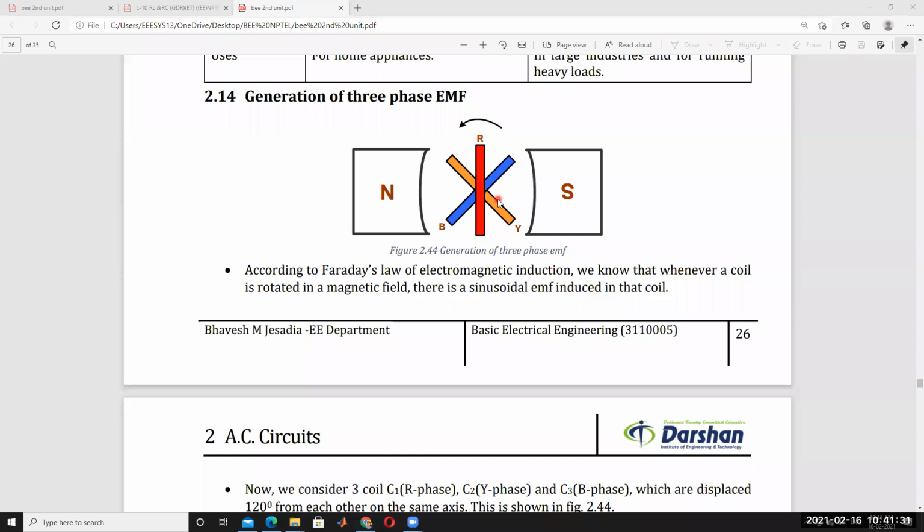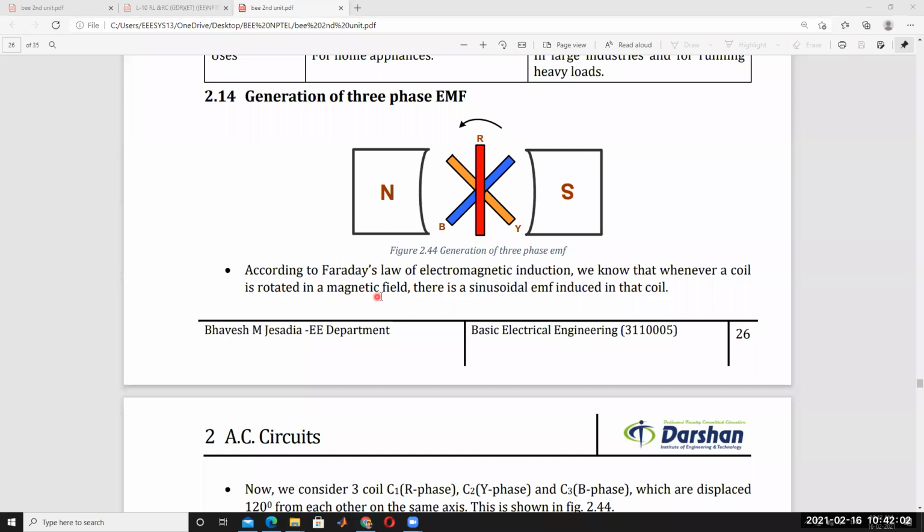The angle between R and Y is 120 degrees, similarly Y and B is 120 degrees, and R and B is also 120 degrees, or 240 degrees when coming in the clockwise direction. Each phase is displaced by 120 degrees. Is it clear?